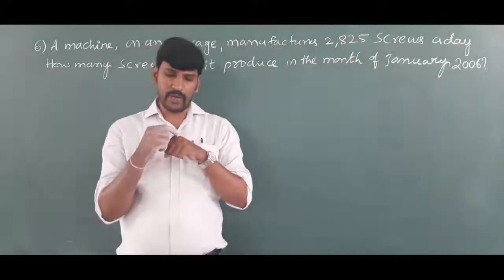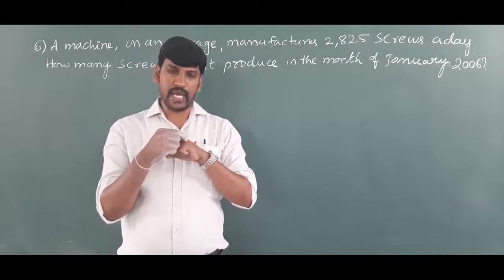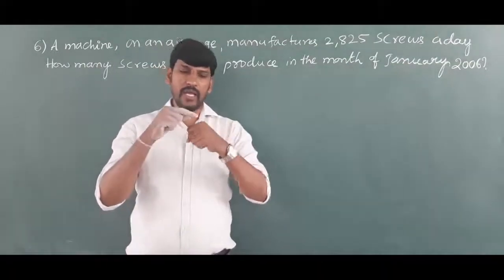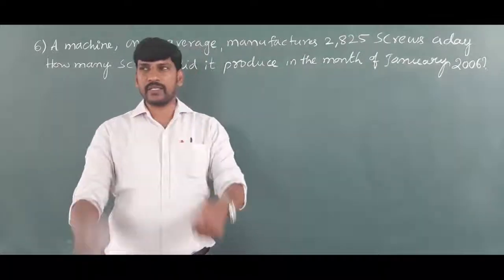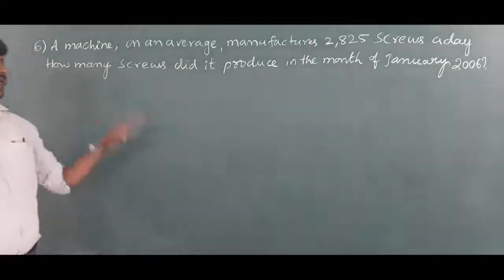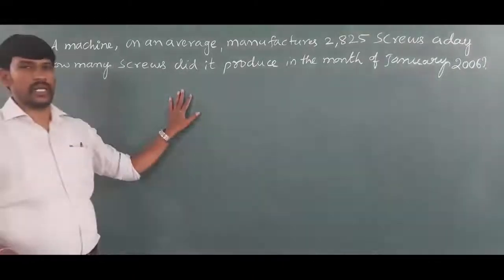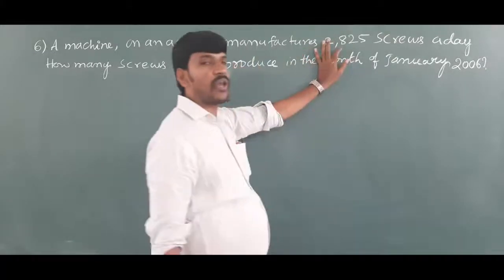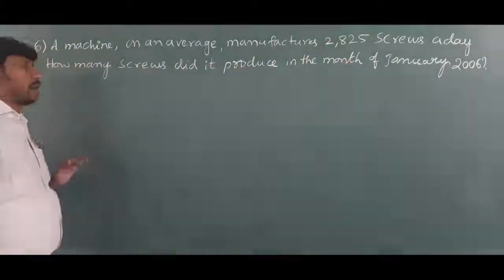January, February, March, April, May, June, July, August, September, October, November, December. The above part will become 31 days. So in the month of January, in any year, it will become 31 days only. So in 31 days, how many screws will the machine manufacture?